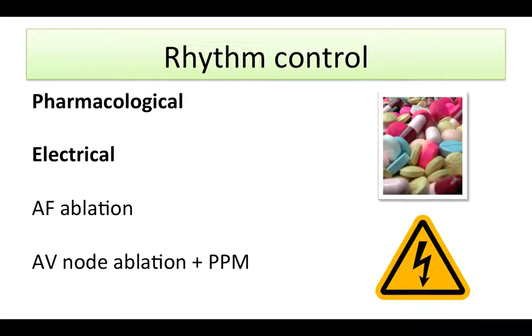So whatever signals come from the fibrillating atrium, nothing gets conducted down. And these patients would need to have a pacemaker put in. So again, this is not a first line. This is sort of the end of line once you've tried everything and the patients are still symptomatic, really poorly rate controlled atrial fibrillation despite optimal therapy.